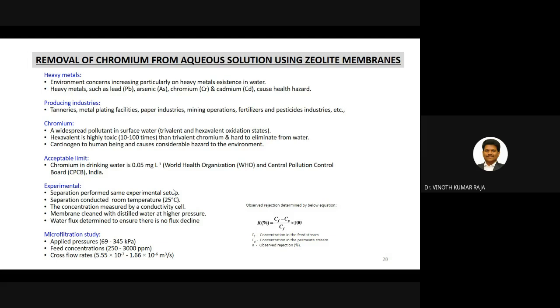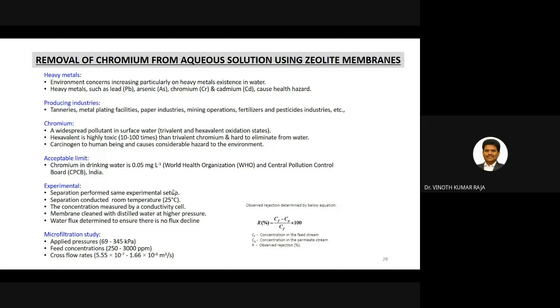Heavy metals such as lead, arsenic, chromium, and cadmium persist in the water and cause health hazards. The producing industries for these heavy metals are tanneries, metal plating facilities, paper industries, mining operations, and fertilizer and pesticide industries.